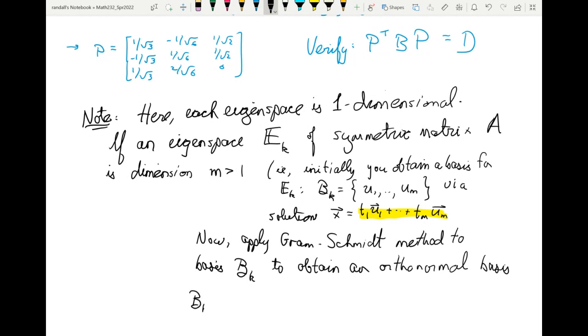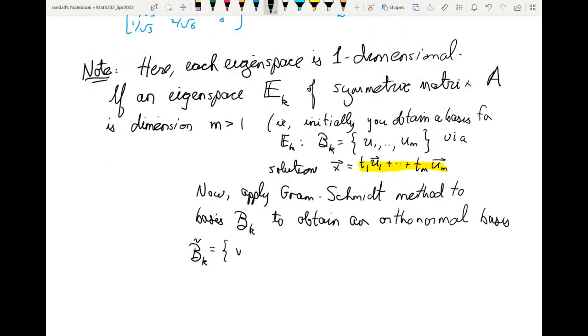Let me call it B_k with a tilde. These don't have to look anything like the u's. So w1 up to wm, there'll be m of them. So I did Gram-Schmidt to the basis B_k, which are the vectors u1 to um, which are merely linearly independent eigenvectors corresponding to the eigenvalue lambda k. I applied Gram-Schmidt, which was a discussion in chapter 7, I think, and obtained from that an orthonormal basis for the eigenspace. So this B_k tilde is a basis for E_k.